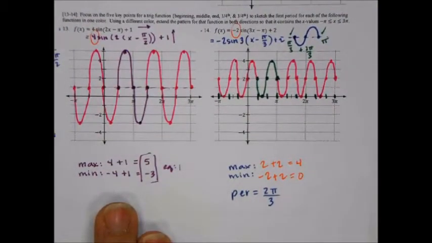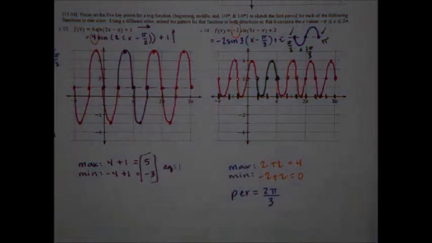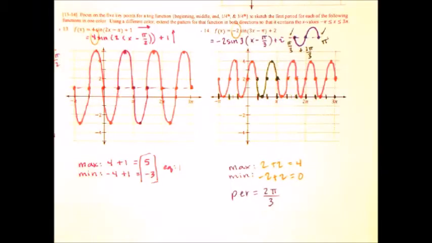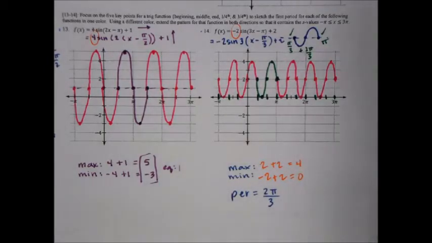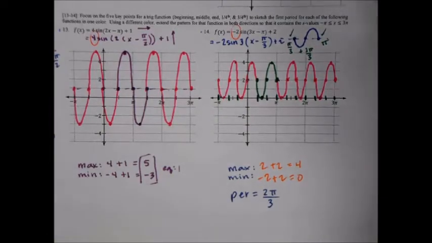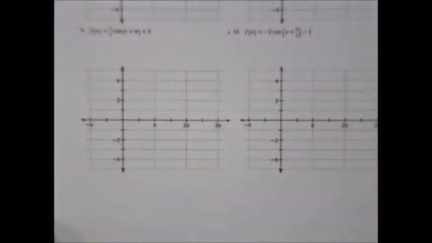So we're going to switch back over to the cosine paper and just do one of those graphs there. So we're going to look at problem number 9 on the cosine graph. All right, so this one, you just have a 1 for your b value.